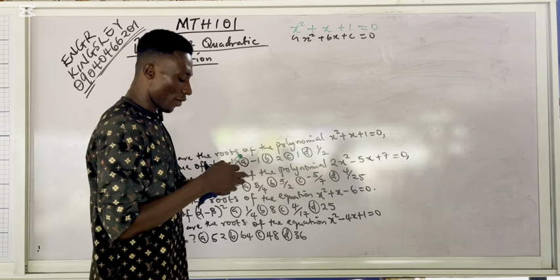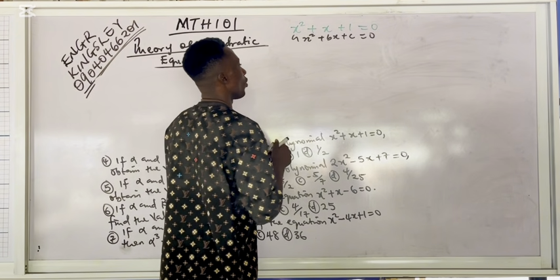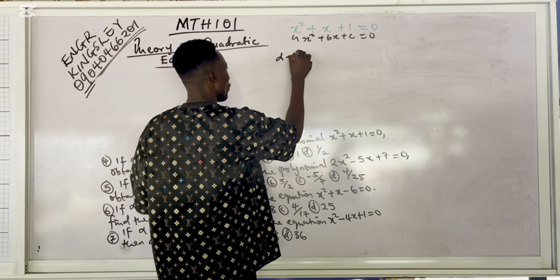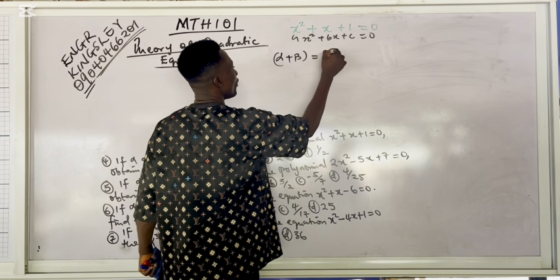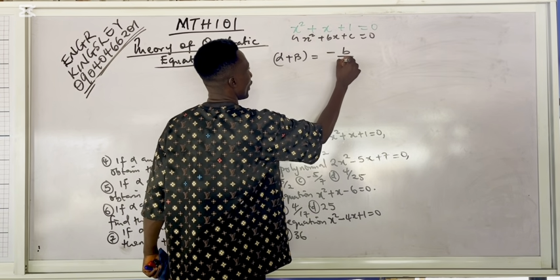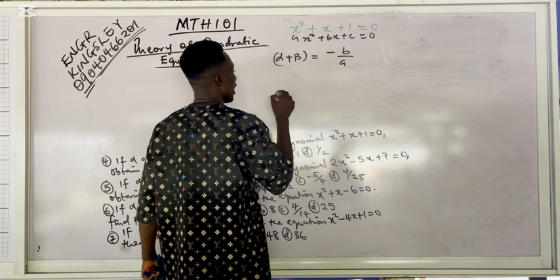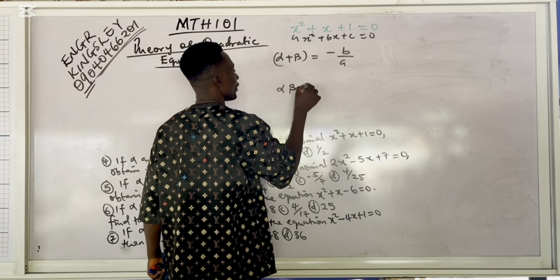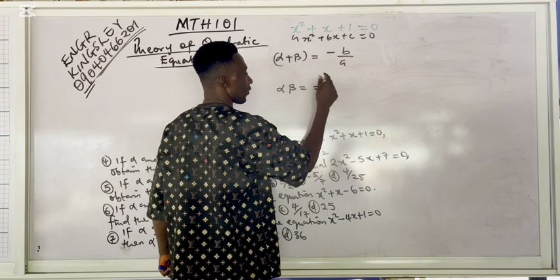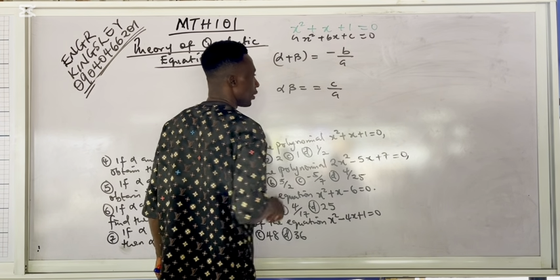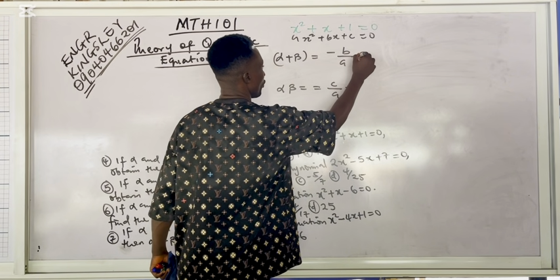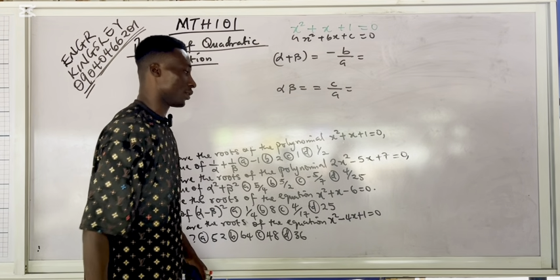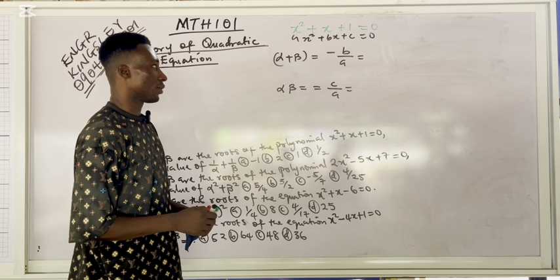So in the study of alpha and beta, there is what we call sum of alpha beta, which is given by the formula minus b all over a, and we have what we call product of alpha beta that is given to us as c all over a. Okay, this one we don't want to press alpha and beta with calculator. Let's just abandon that for now.